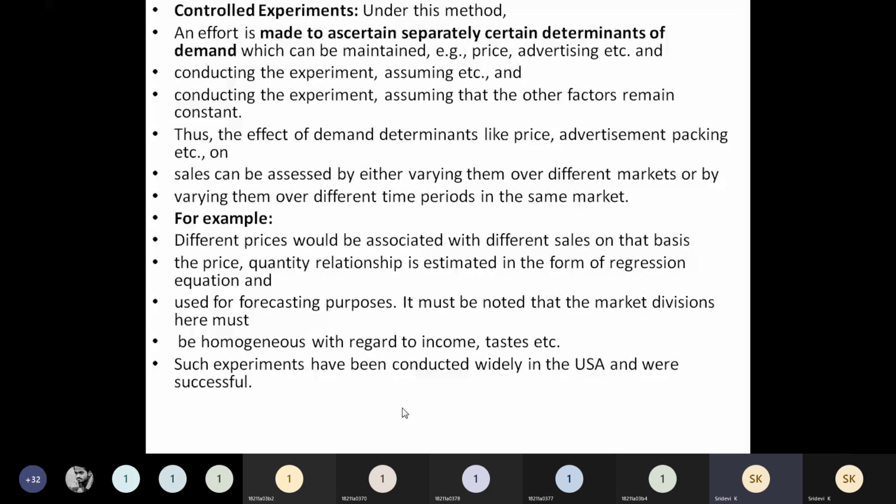In most cases, in countries like the United States of America, they conduct such experiments, and they are even successful in conducting them. Of course, this is a new experiment, and you can apply it, but most of the people in India are not applying this type of control experiment, which would be helping you.